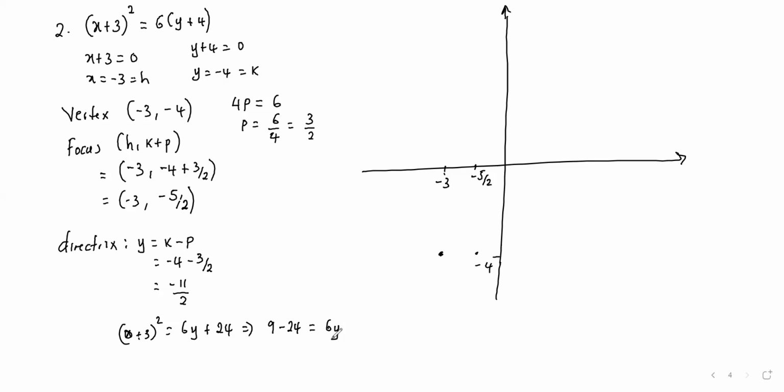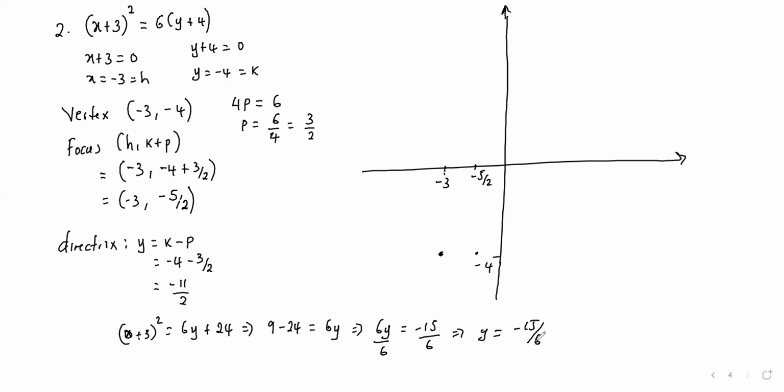So I've not placed well the thing. Okay, we'll come back. So we have 6y is equal to negative 15. Divide by 6, divide by 6. So we get y is equal to negative 15 over 6.